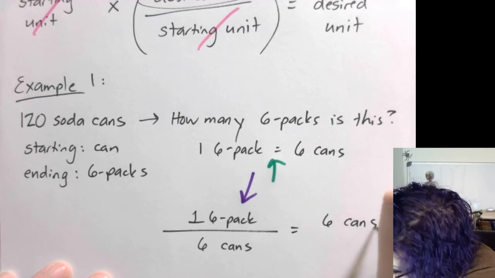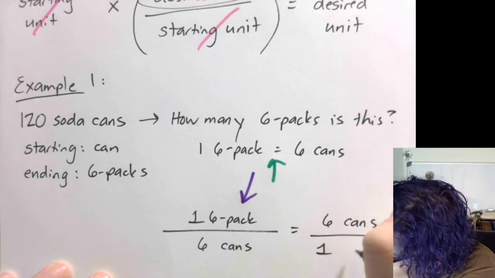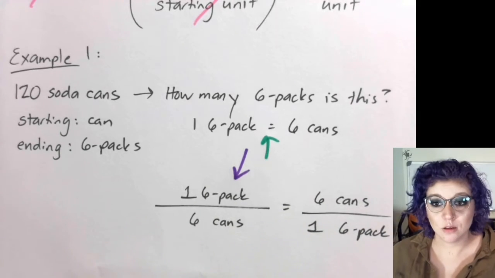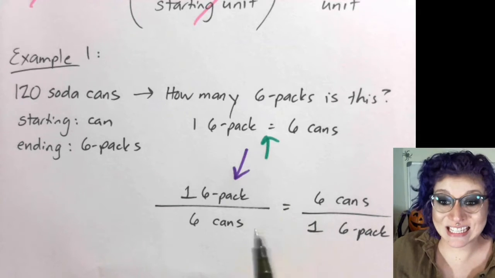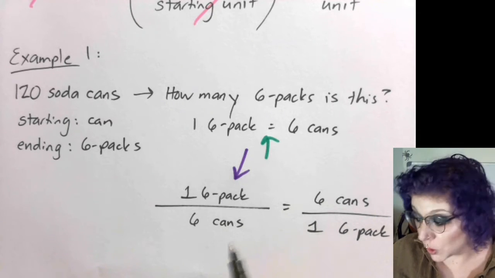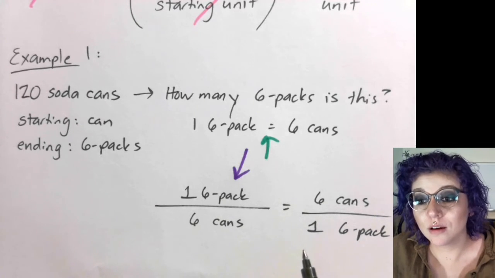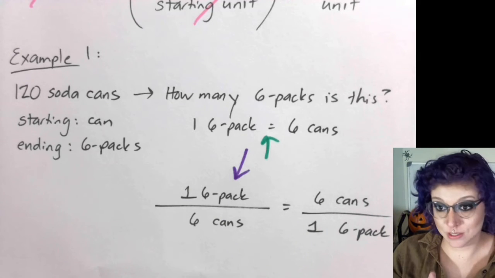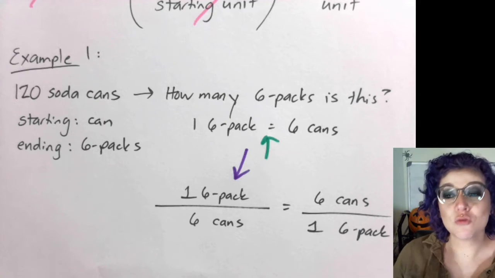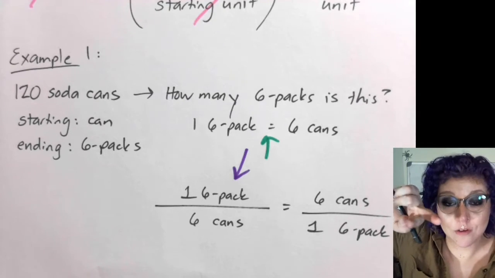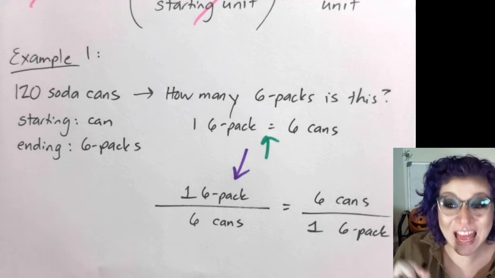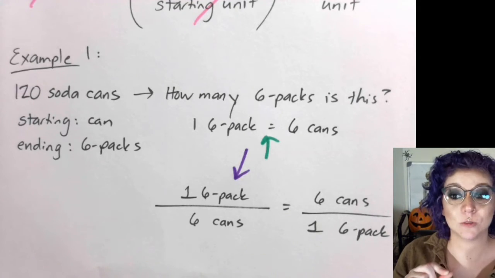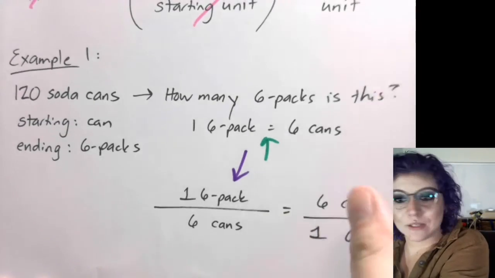So 6 cans are in 1 6-pack. These are equivalent statements. They both mean the same thing, but the important part that I want y'all to notice is that you can write this fraction flip-flopped depending on which unit you want to cancel. Let's look at that.